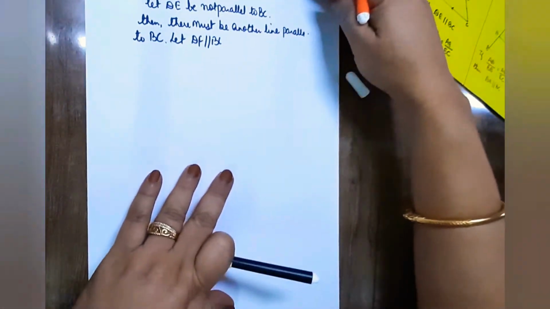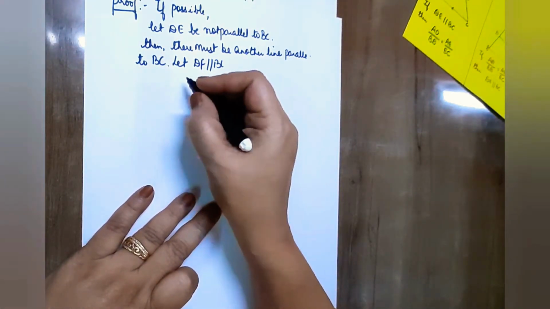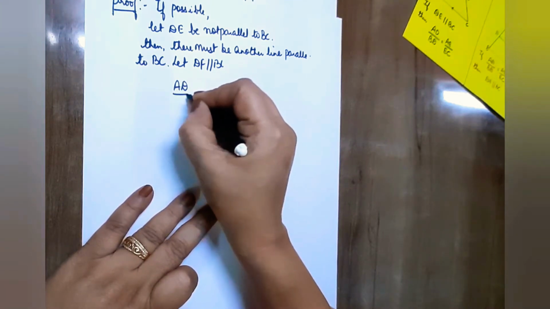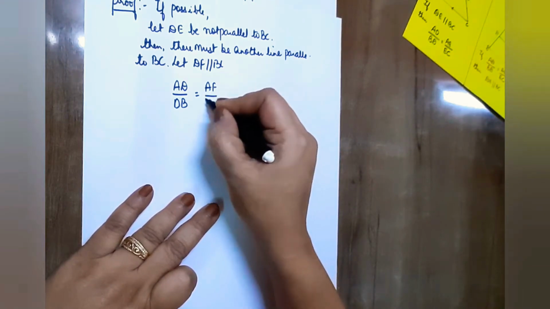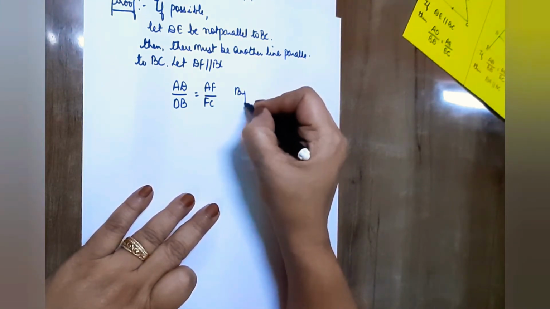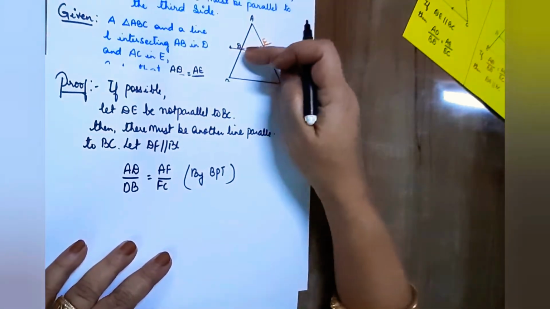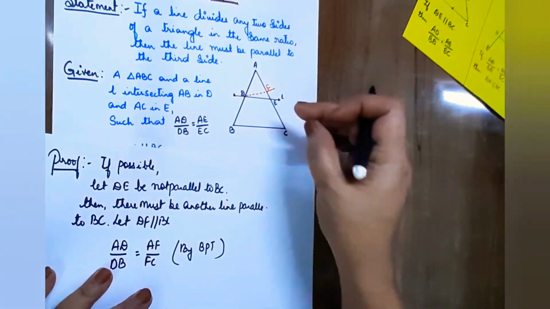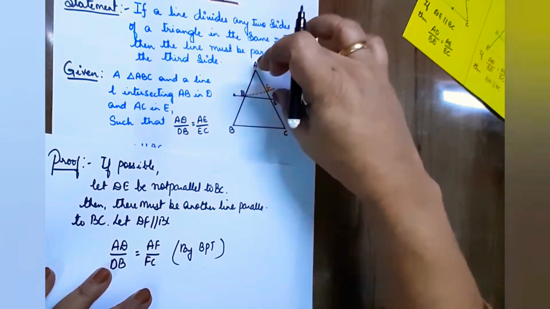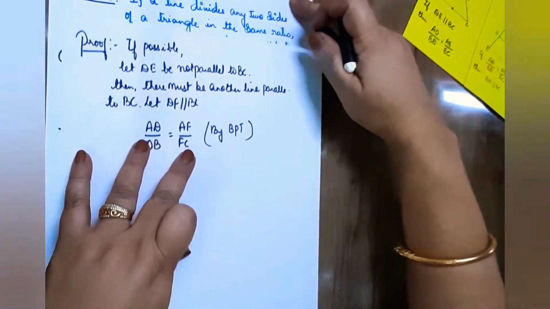Continuing with this part: then according to BPT, if DF is parallel, then AD divided by DB should be equal to AF by FC. How? By BPT. We assume DF is parallel to BC, which means AD by BD should be equal to AF by FC.